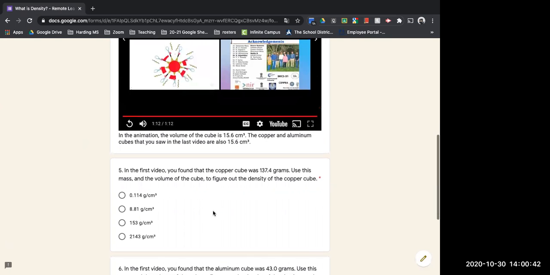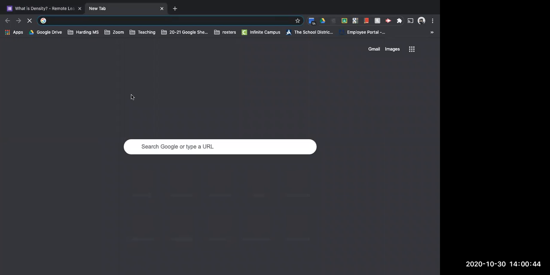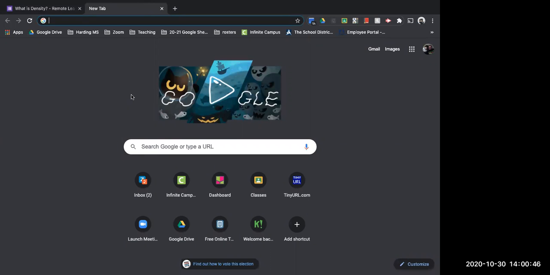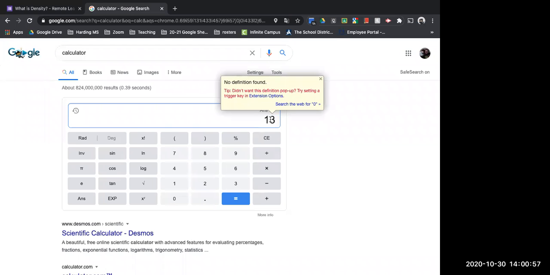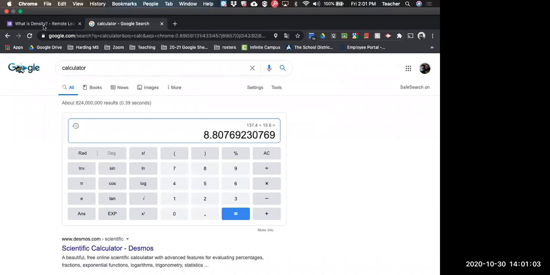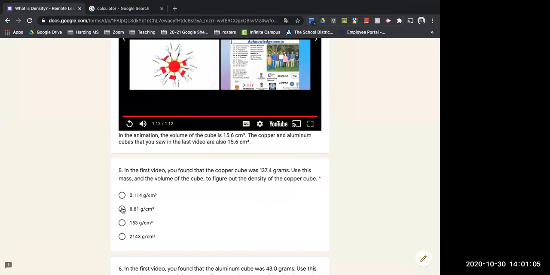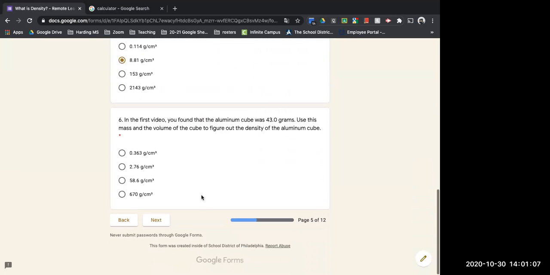So you would go to the calculator: 137.4 divided by 15.6 gets you 8.8. So you're going to go 8.81 grams per cubic centimeter.